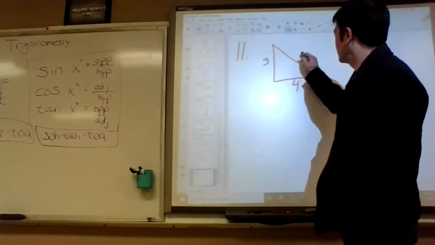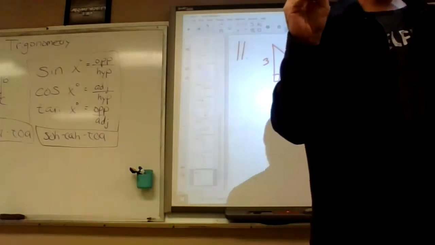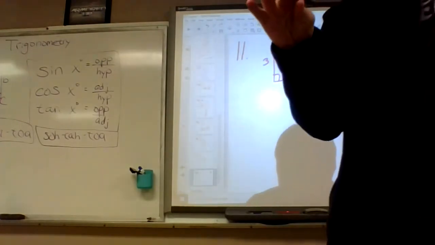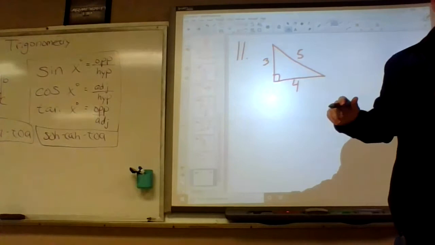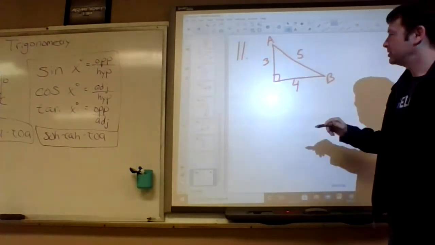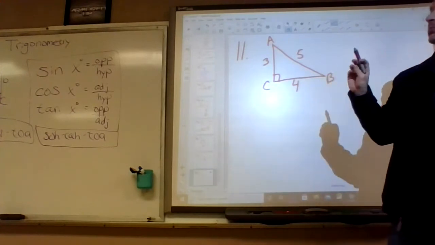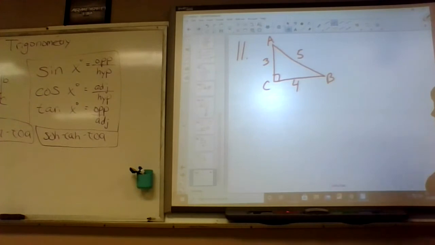How fun. Okay, the directions say find the sine, cosine, and tangent of each acute angle on the right triangle below. So there's two acute angles, A and B. Angle A, angle B. And we gotta find sine, cosine, and tangent for each of them. So that makes 6.